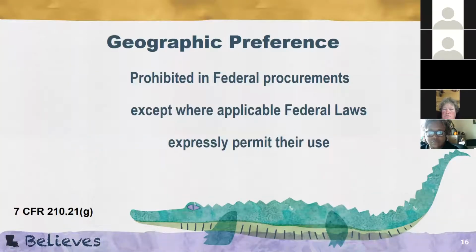One additional piece to note before moving to the award process is the geographic preference that's found in 7 CFR Part 210.21(g). Geographic preference is an additional scoring or evaluation criteria that may be used to provide a preference for the purchase of a locally raised agricultural product.